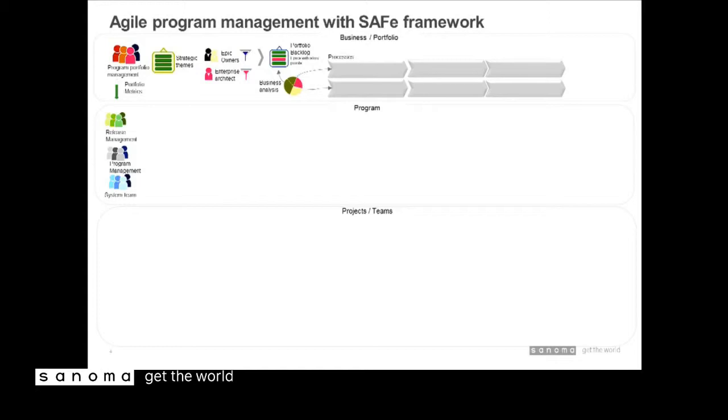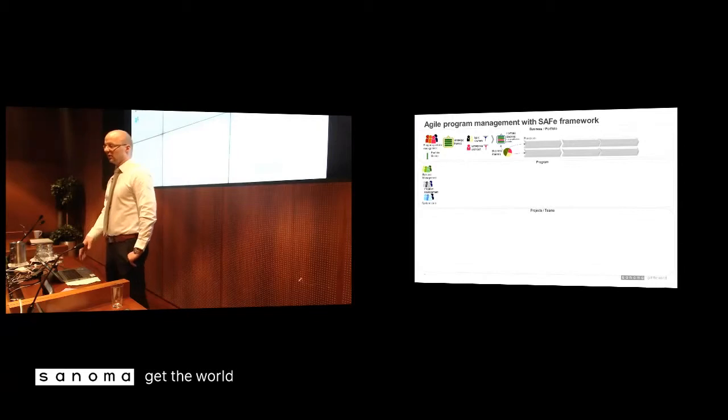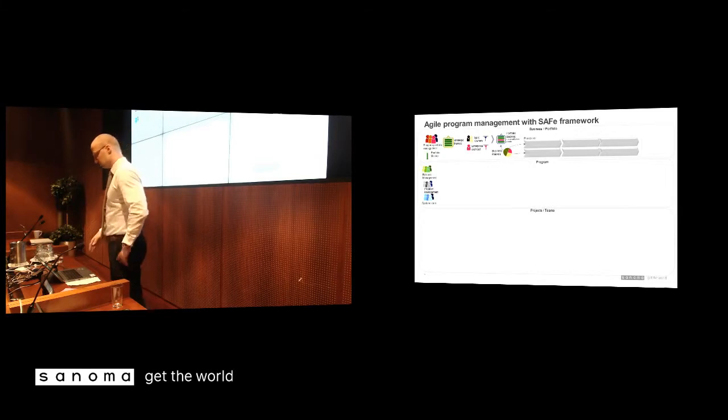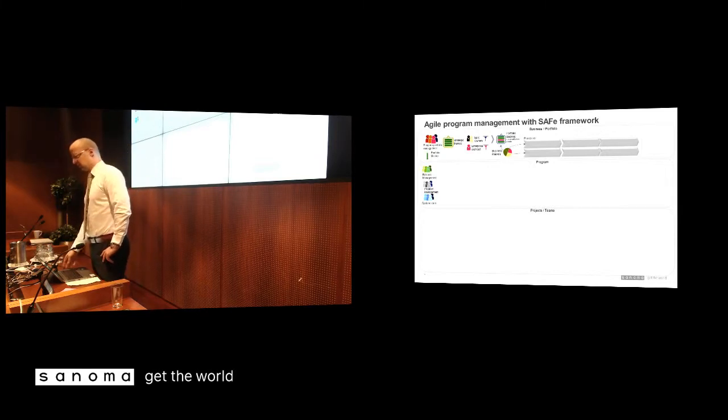Program management is the group taking care of the whole program, and the system team is the group that takes care of refining development environments, system integrations, and so on. It creates the basic background so that we are able to develop.